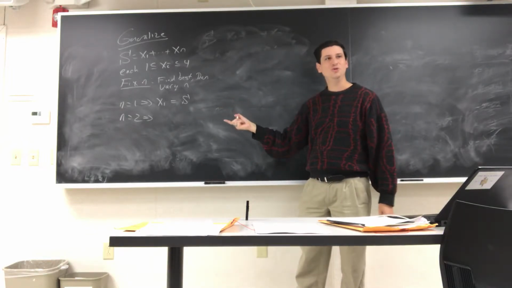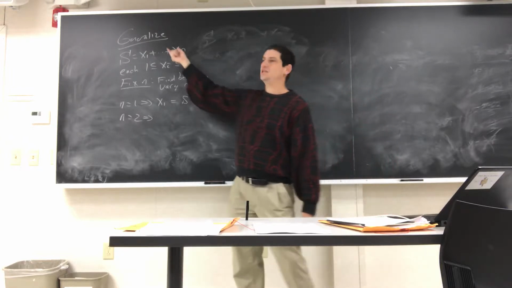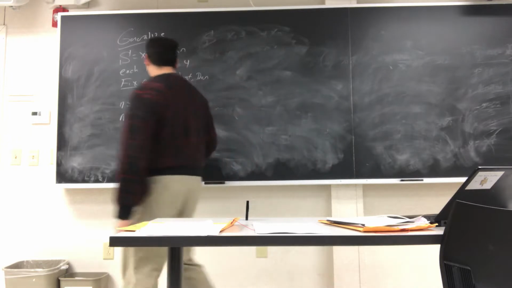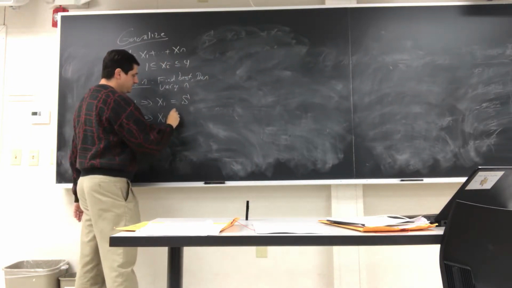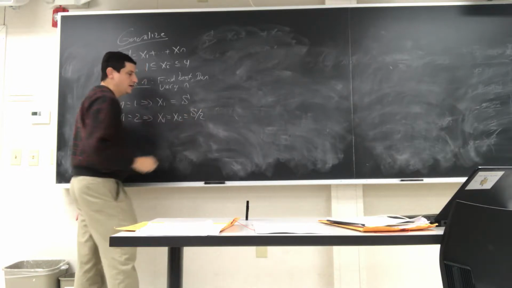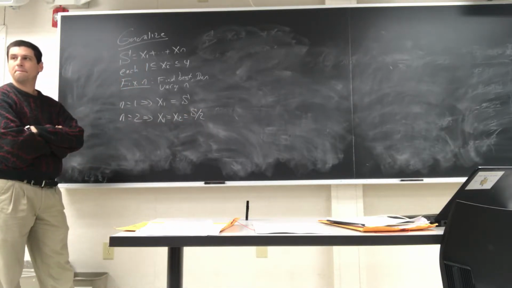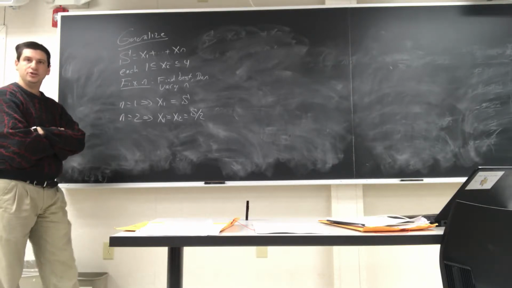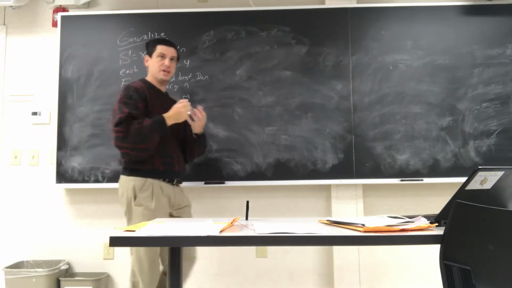If n equals 2, I'm giving you basically a semi-perimeter or perimeter, and I want to maximize the product. So we know x1 equals x2 equals S halves. That when we had 2, the best we could do was the rectangle that was a square.